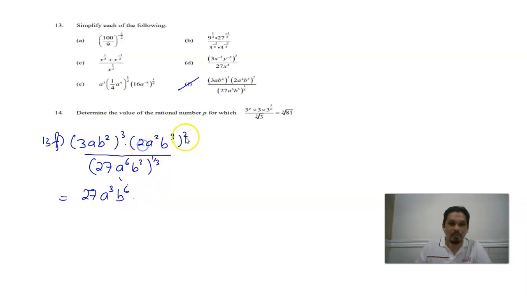Multiply with 2 squared equals 4, A squared, 2 times 2 equals 4, A to the power of 4. Then B, 3 times 2 equals 6.